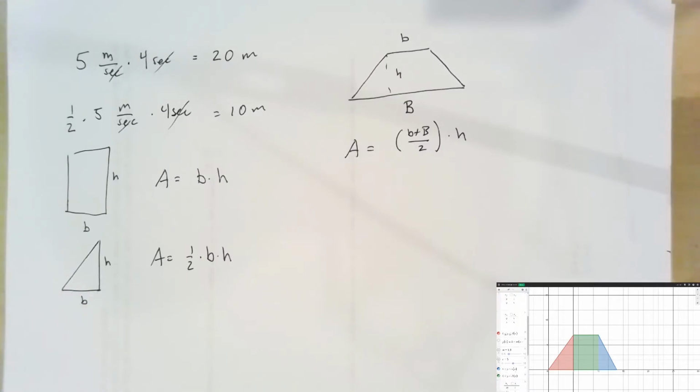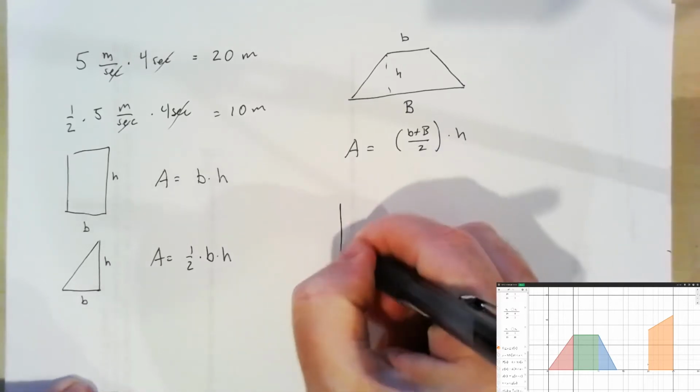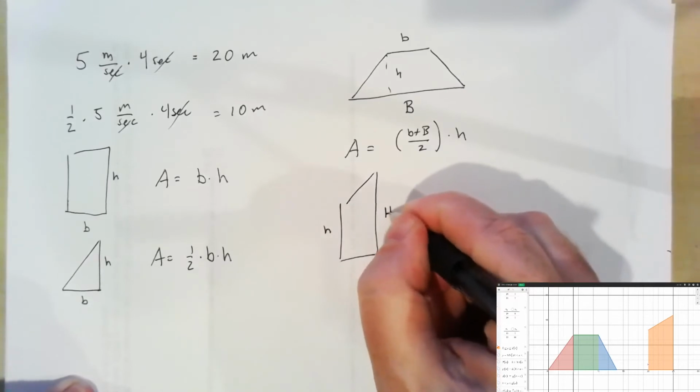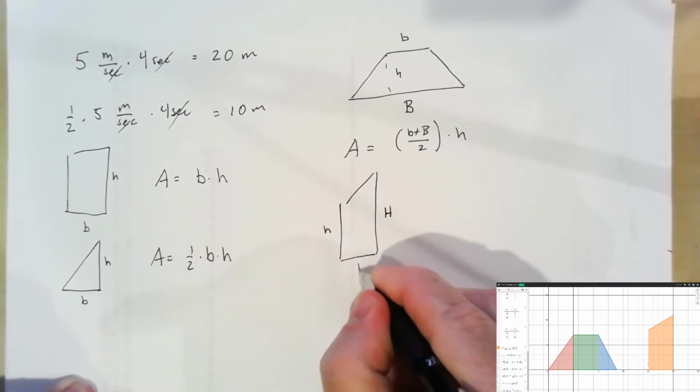What if we looked at a slightly different trapezoid? Let's look at this one. Here, the base is the constant on the top and the bottom, if we think about it in a certain way. The heights are different, though. What do we have here? It's called the little height h and the big height H. Here's the base.